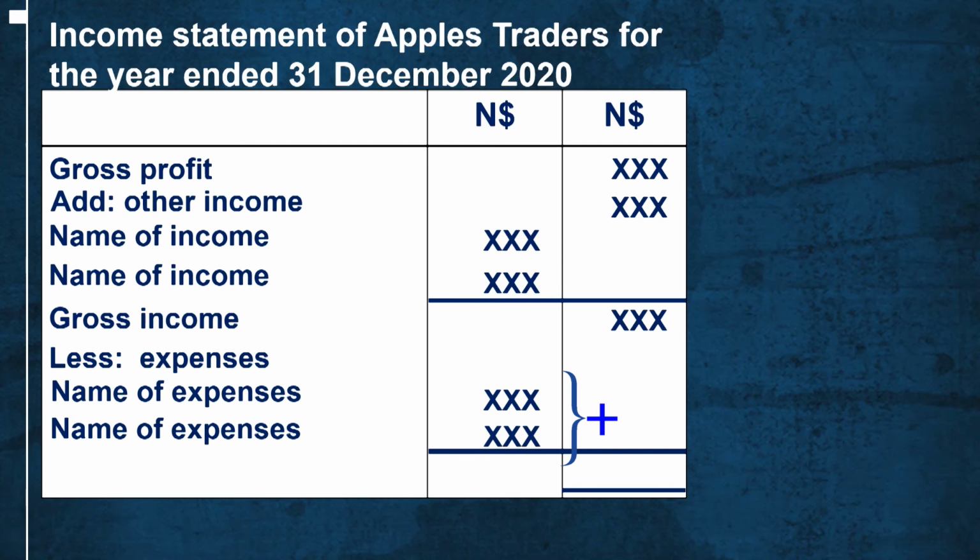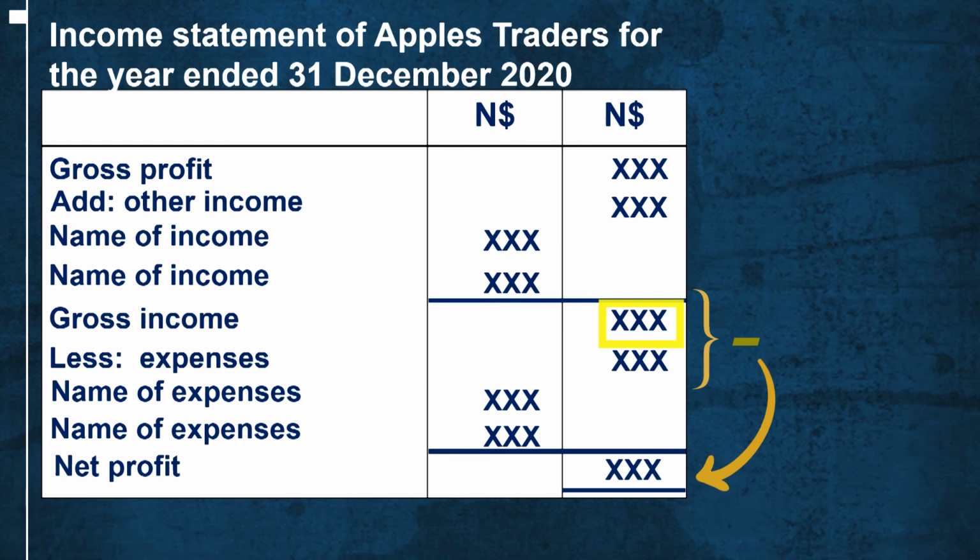Then the total of expenses is recorded in line of less expenses in the second column. We then subtract expenses from the gross income, which gives us net profit. And this amount is recorded in the second column in line of net profit. But if it's a net loss, the amount should be put in brackets.